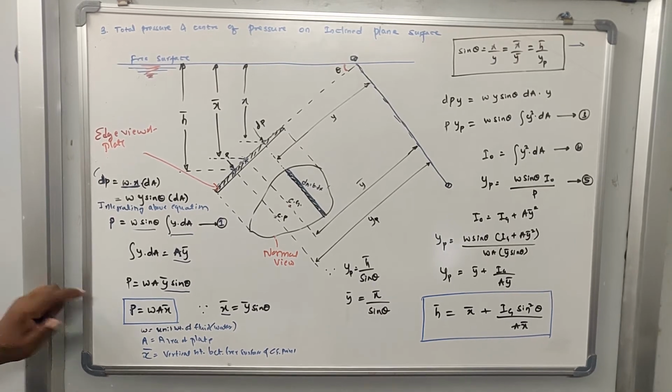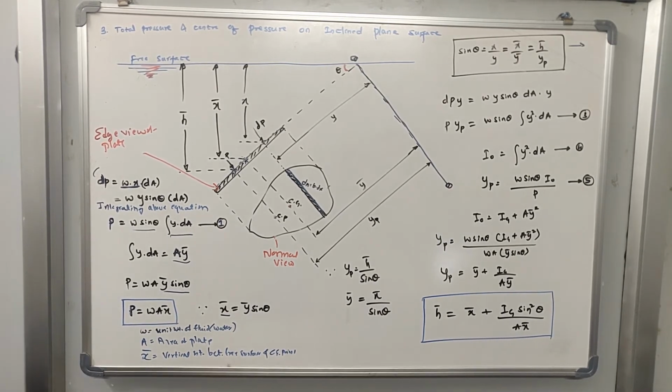If you want to analyze a fluid in the static condition or a solid under equilibrium, you must know the magnitude of the forces and the points of application of those forces acting on the static mass of fluid or on that solid body.